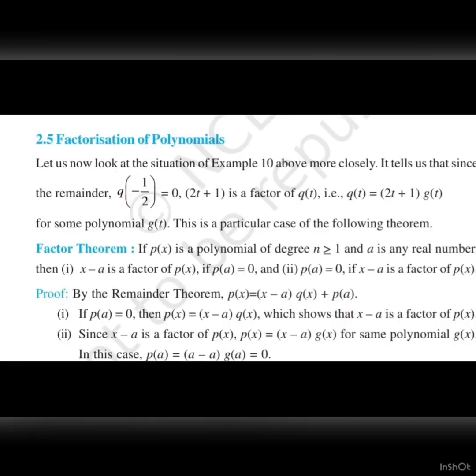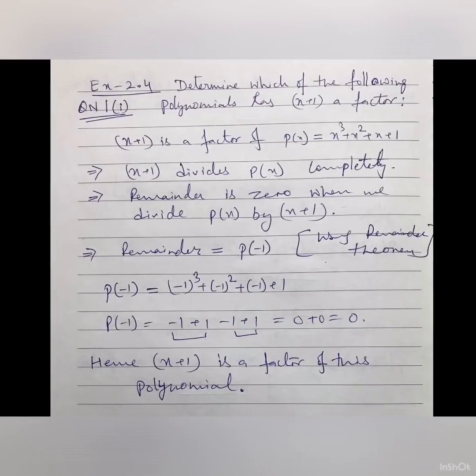Now in this equation, let us replace x by a. On the left hand side we have p(a). On the right hand side we have (a minus a) into g(a). Now on the right hand side, a minus a is 0, and 0 into g(a) is 0. So it means the value of the polynomial at a is also 0. This is your factor theorem.